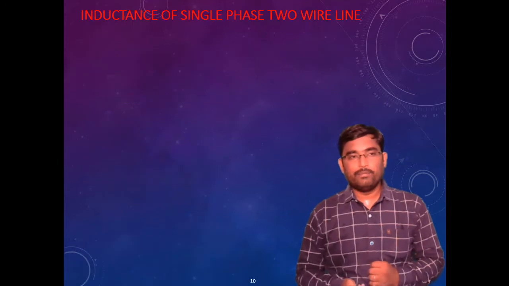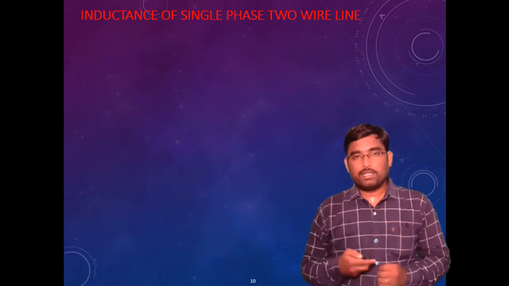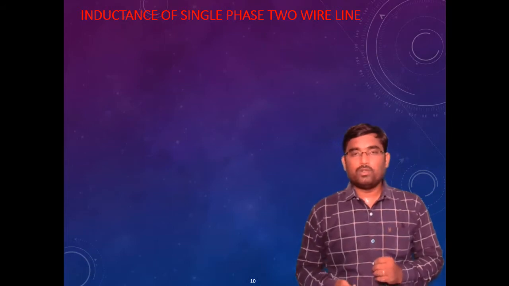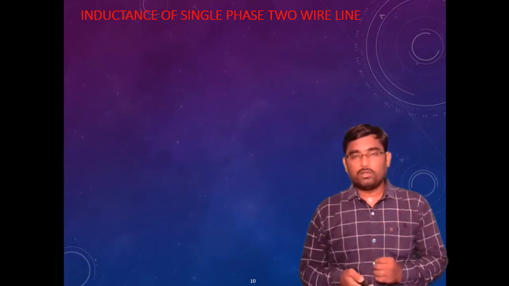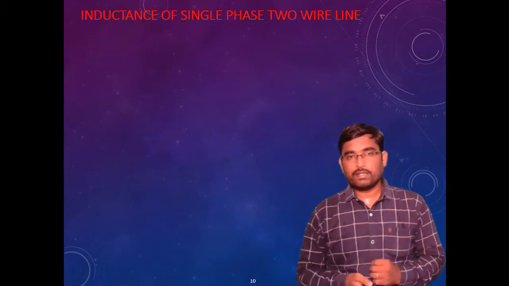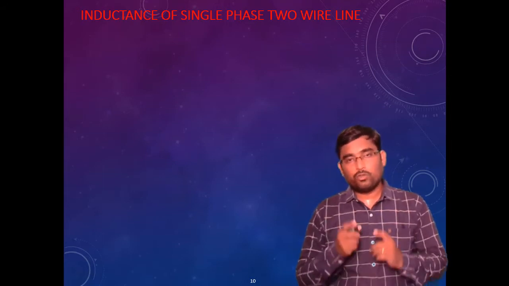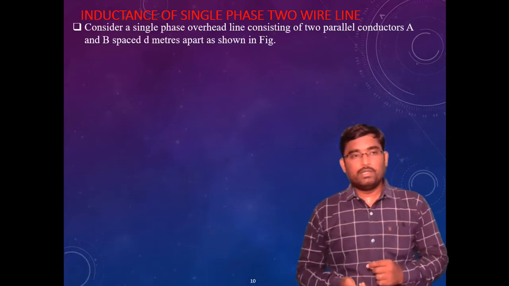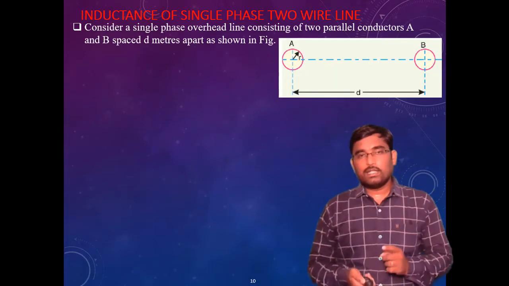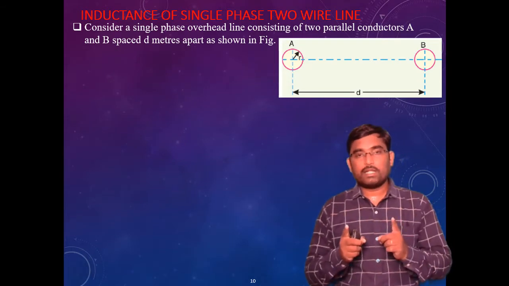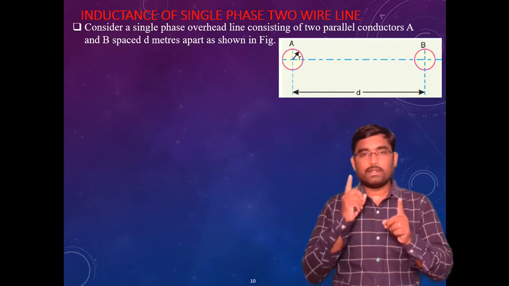Next, let us derive the expression for inductance of a single phase 2-wire line. So far we have seen how to write the total flux linkage in a single current carrying conductor. Now we are going to derive the inductance of a single phase 2-wire line. Consider a single phase 2-wire line having two parallel conductors carrying currents of I amperes and minus I amperes.